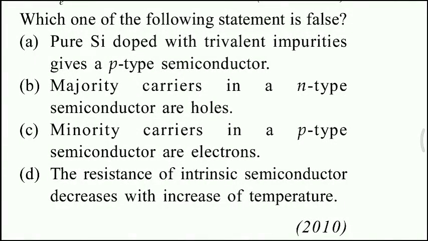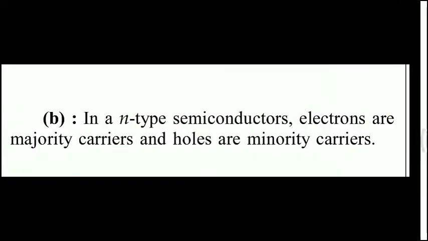Which of the following statements is false? Pure silicon doped with trivalent impurities gives p-type semiconductor. Majority carriers in n-type semiconductor are holes. Minority carriers in p-type semiconductor are electrons. The resistance of intrinsic semiconductor decreases with increasing temperature.